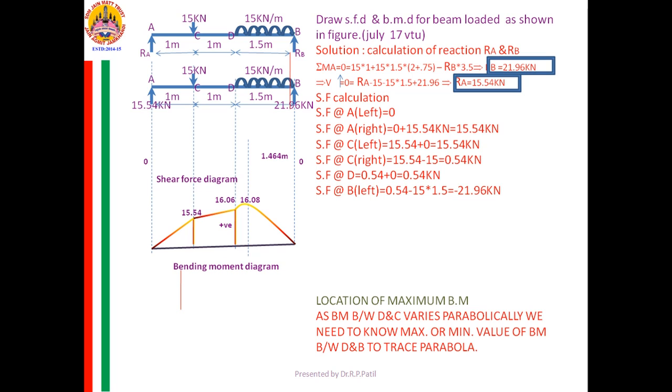You will get it as minus 21.96 kilonewton. Yes, friends, if you want, you can check it by considering the right side. Right side only one force is acting, 21.96. It is carrying the right part up. Therefore, left part is down. It is minus 21.96. Whatever I have done is correct.